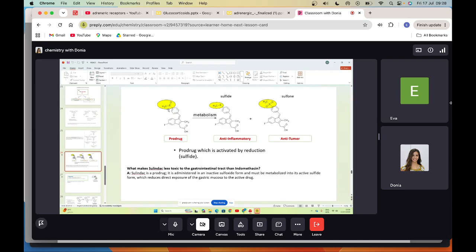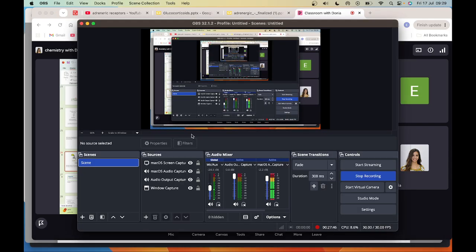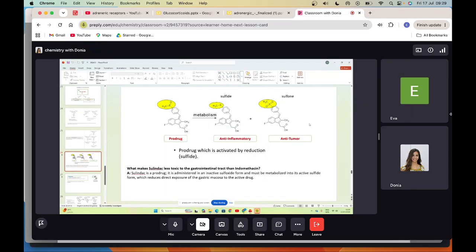Another common metabolism is S-oxidation to give me the sulfone. This does not have any anti-inflammatory activity. The Z isomer is the more active form, and it has indene acetic acid. Okay, not indole. Is it clear?